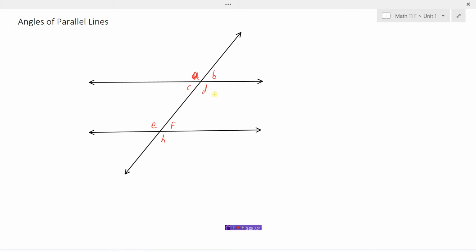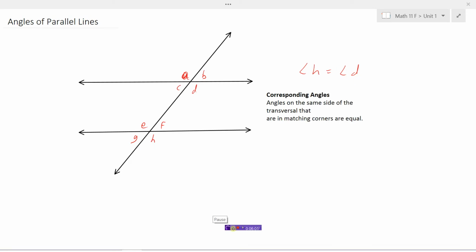Looking at our angles here, let's take a look at angle D and angle H. We can see that these two angles appear to have the same measure. And indeed, if we had two parallel lines and we got a protractor out and measured this, we would see that angle H equals angle D.